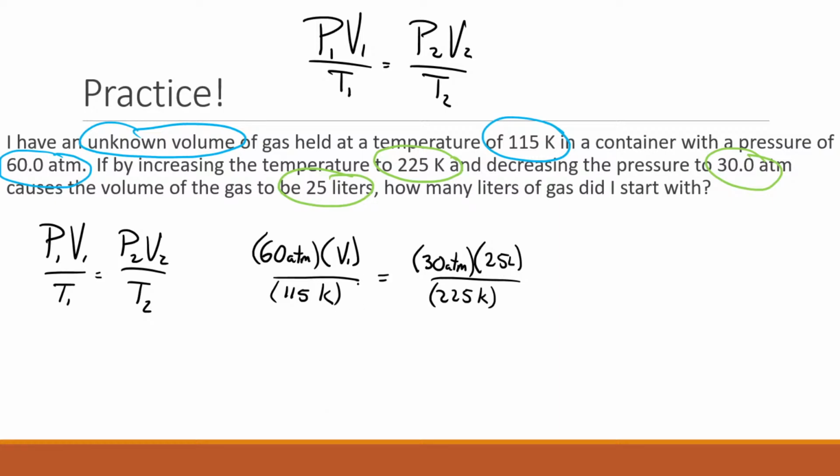I've got to get V1 by itself, which means I need to multiply both sides by 115. Alright, multiplying both sides by 115 is going to cancel that out. Divide both sides by 60 atmospheres to cancel this out.